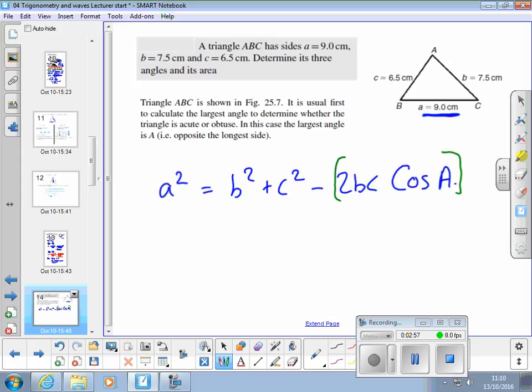So that is a number. Plus, minus. So what's the opposite of minus? Plus. So a suggestion is to add that bit to both sides. That will cancel that out, and we'll get cos A over that side, and it will be positive.